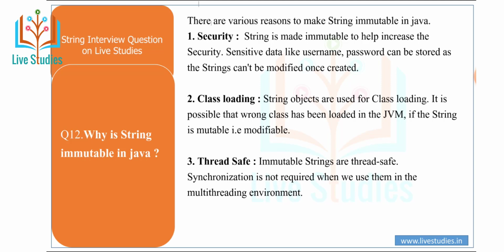Sensitive data like usernames and passwords can be stored as strings because they cannot be modified once created. Class loading: string objects are used for class loading. If the string were mutable, it is possible that the wrong class could be loaded in the JVM. Thread safety: immutable strings are thread safe. Synchronization is not required when you use them in a multi-threading environment.